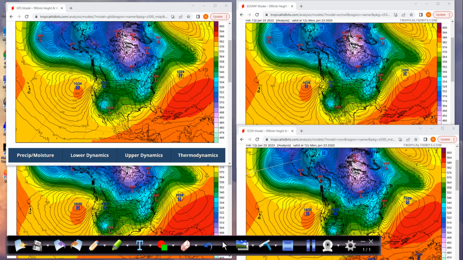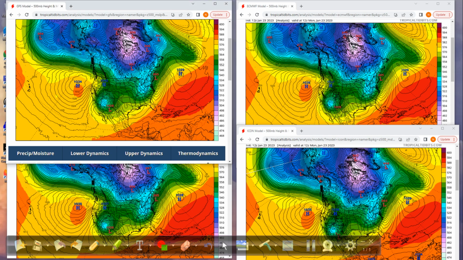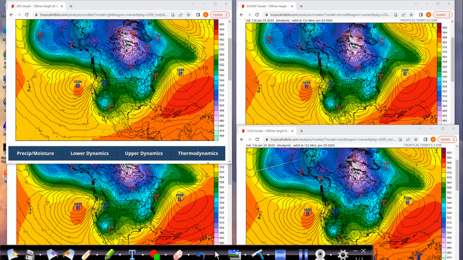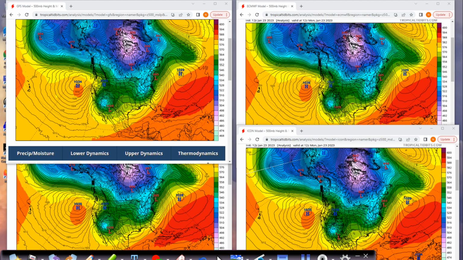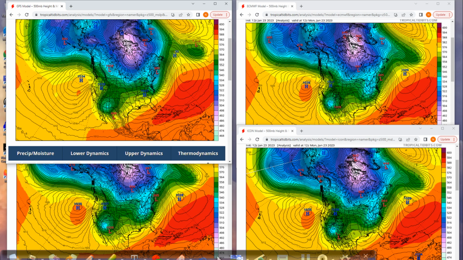I'm going to advance each model. I don't have a subscription to a site that lets me hit one key and all four maps advance at the same time. So you'll have to excuse me as I manually go through each map to advance it. But here's a forecast. So I'm going to go 24 hours in advance for each one.